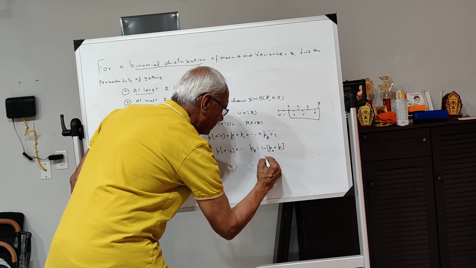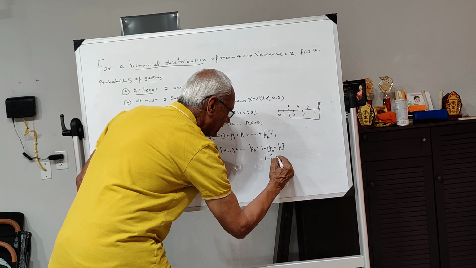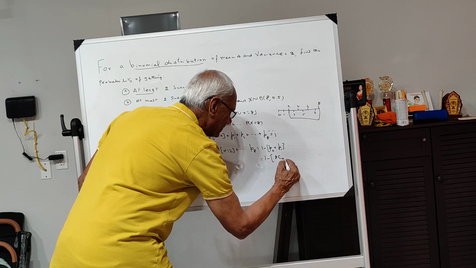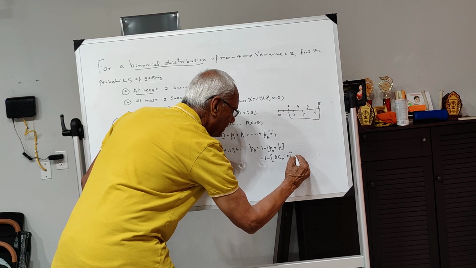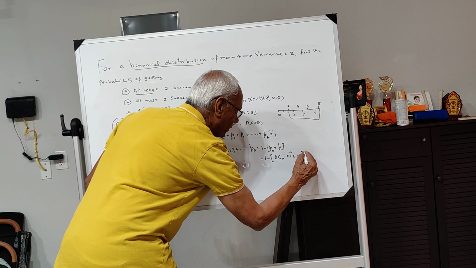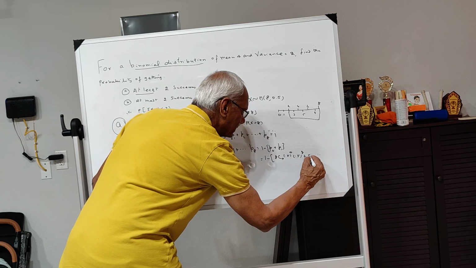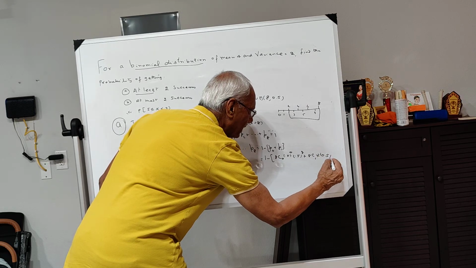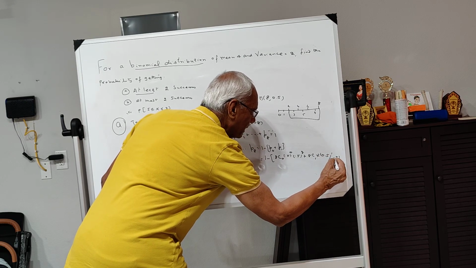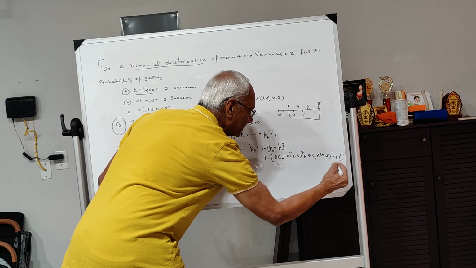So this is nothing but 1 minus 8C0 into 0.5 to the power of 0 into 0.5 to the power of 8 plus 8C1 into 0.5 to the power of 1 into 0.5 to the power of 7.